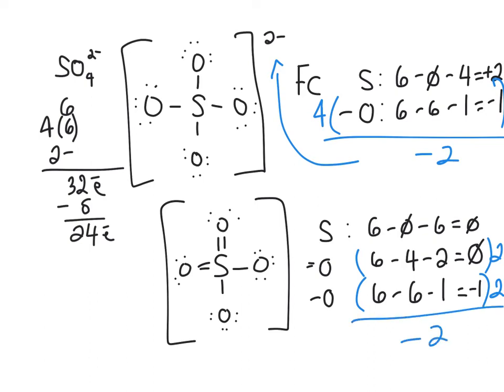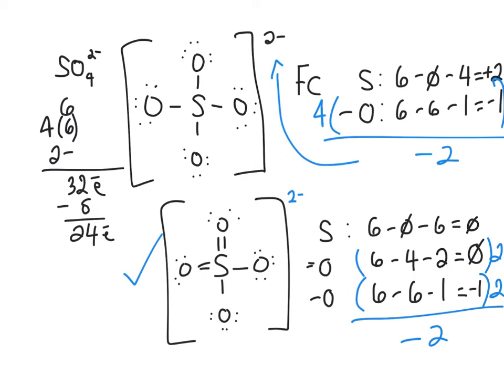So this is actually the best structure for sulfate. Now, based on formal charges, that is, right? Based on formal charges, we've got more zeros, adds up to -2, so it's the best structure.